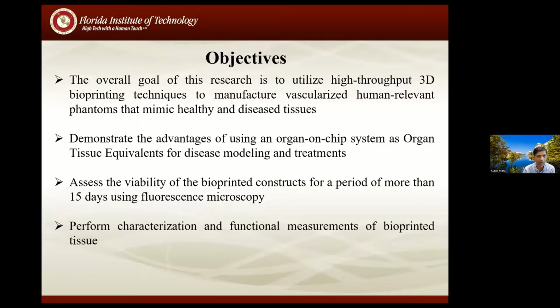So we have to develop 3D bioprinting techniques so that we can develop vascularized human relevant phantoms, tissue mimics, what you can call. And then you also demonstrate that the organ on a chip is an ideal platform for disease modeling and treatment. And then we want to maintain the viability. Right now, we are focusing on 15-30 days. I know for the longer duration, we have to look at 60 days, 90 days for missions.